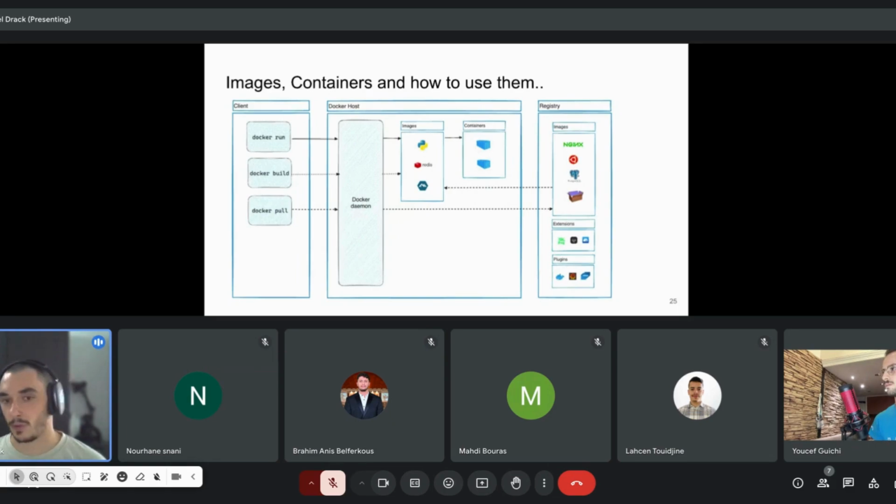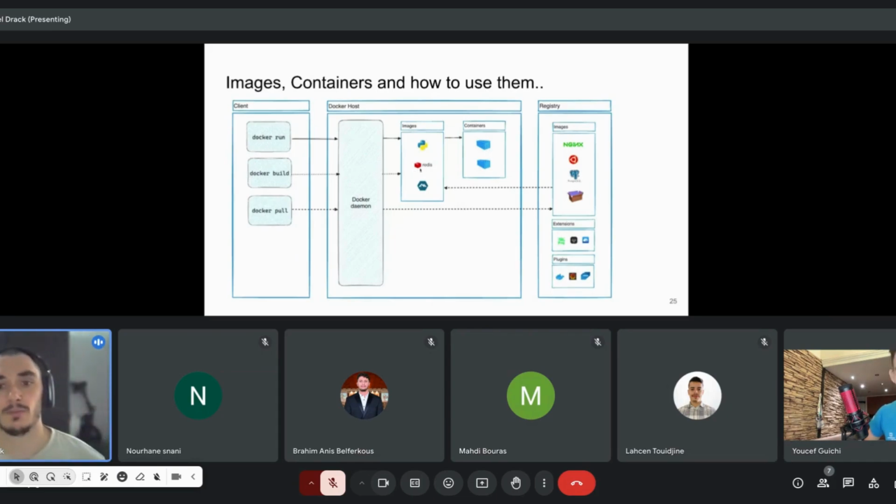If you're familiar with programming, think of classes and objects. An image is a class and an object is one instance of this class. That's the same idea with containers and images. So for example, if we have a Python image that can run Python scripts, we can start several containers from one image. So the image is pretty much just the distributable file, and the container is the running instance of that file.